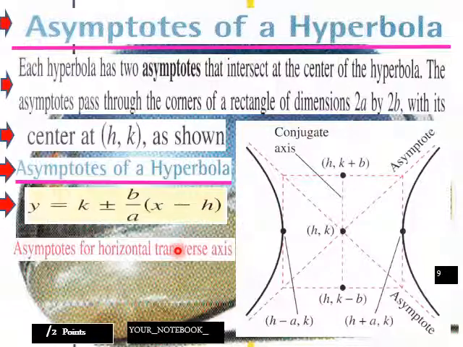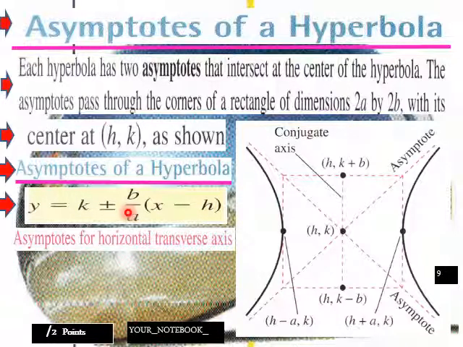Asymptotes of a hyperbola: y equals k plus or minus b over a times (x minus h) are the asymptotes for the horizontal transverse axis. The horizontal transverse axis would be here, so that would be your y, this one here.